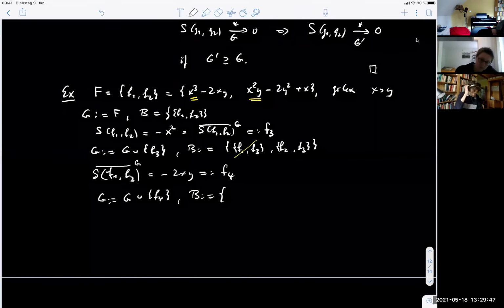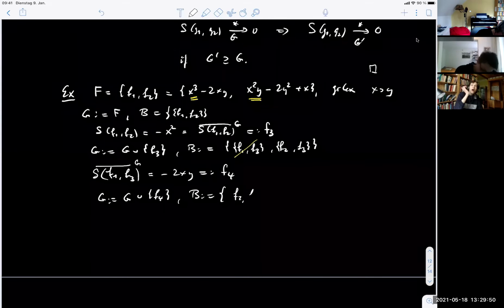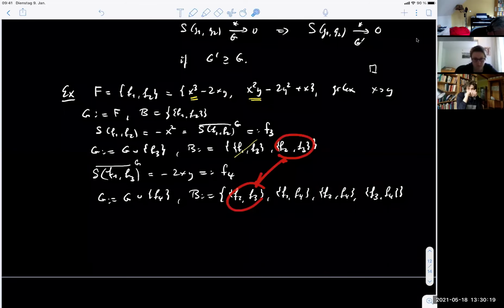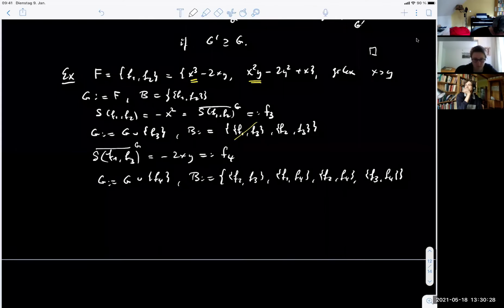Let me first write and then explain: f2, f3, f1, f4, f2, f4, f3, f4. The f4 is added. That's all. So what I have done, this one goes here, and then I added this. Good. Well, nothing to explain actually. So this is my B.